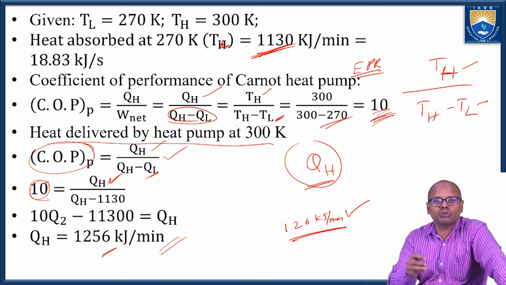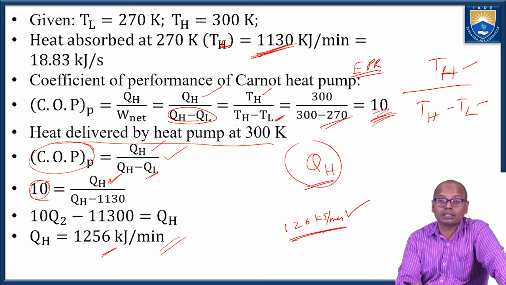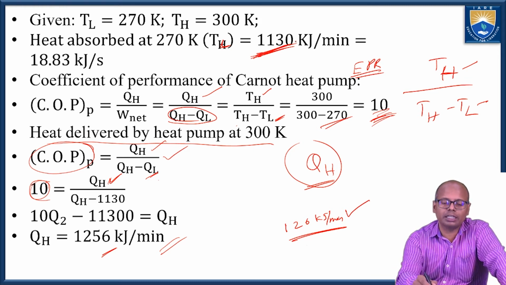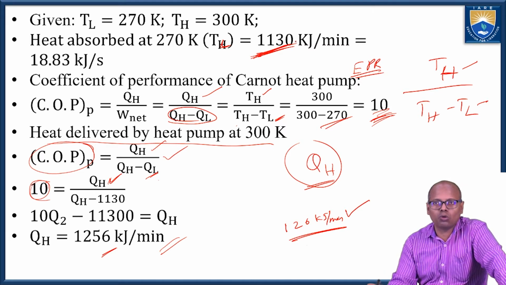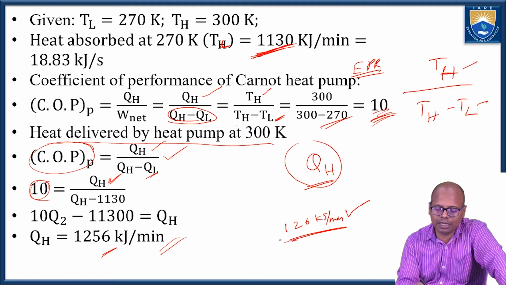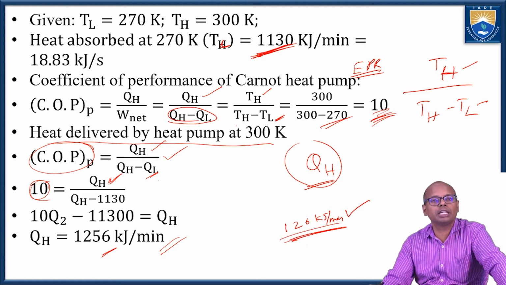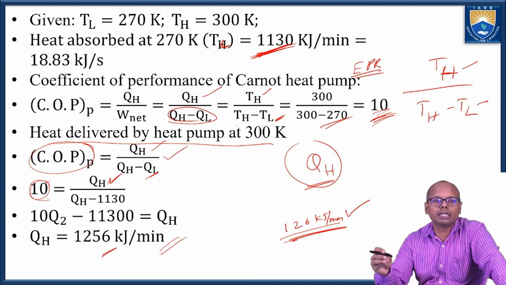Okay. If I use the heat pump, what is it doing? It is supplying so much additional heat, additionally 1130 kilojoule per minute with the same energy input to the heat pump. So this is the advantage of using a heat pump instead of a heater.